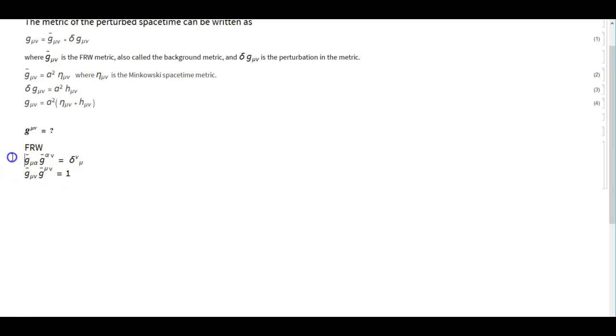So this is a review of the relationships which we have looked at in the standard model of cosmology.